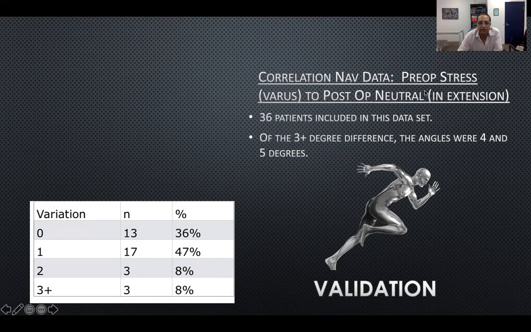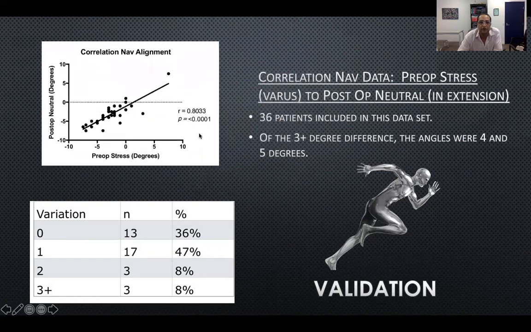So we don't stress the knee after it's been replaced. 36 patients included in these data sets. Of the +3 degree difference, the angles were 4 and 5 degrees. So you can see over here, almost 70% or 80% of patients were between 0 and 1 degree. So again, the correlation is pretty strong and it sits at 0.8.